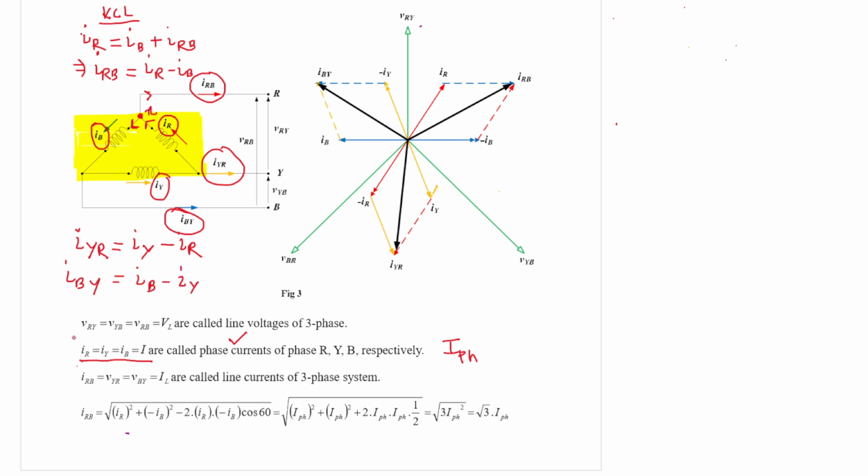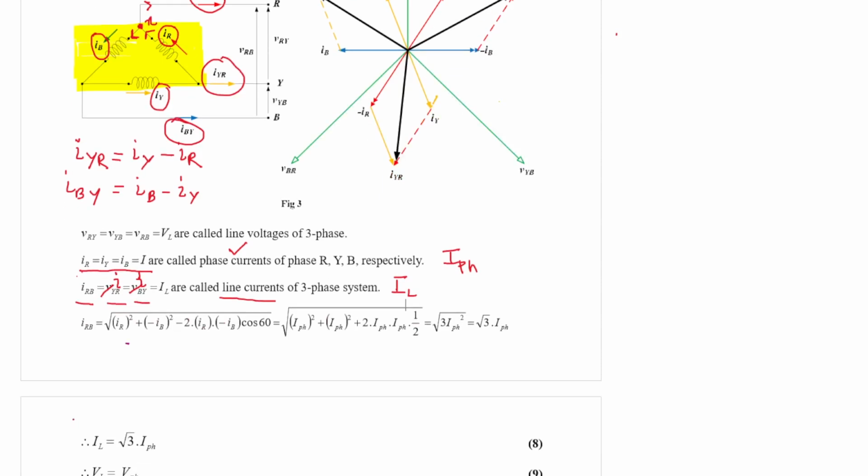So these three currents, IRB, IYR and IBY, this should be I, not V, are all called line currents. In short, we represent them as IL.